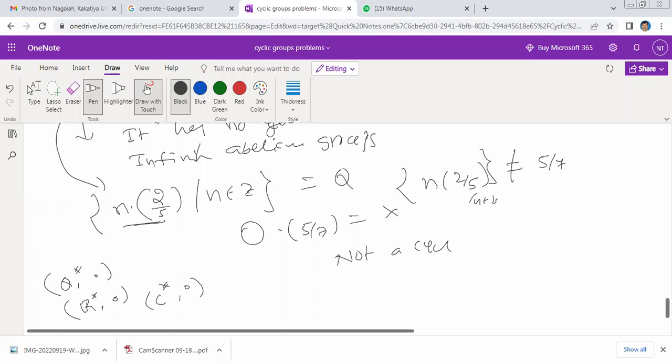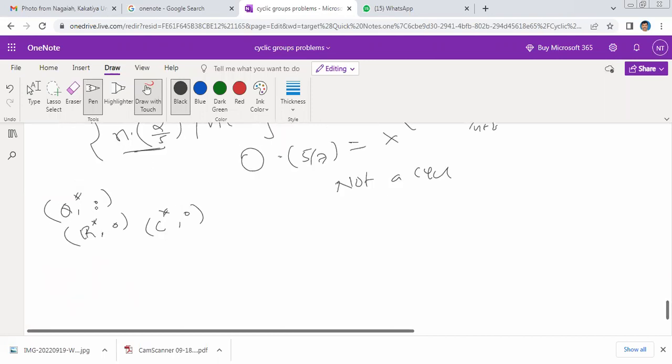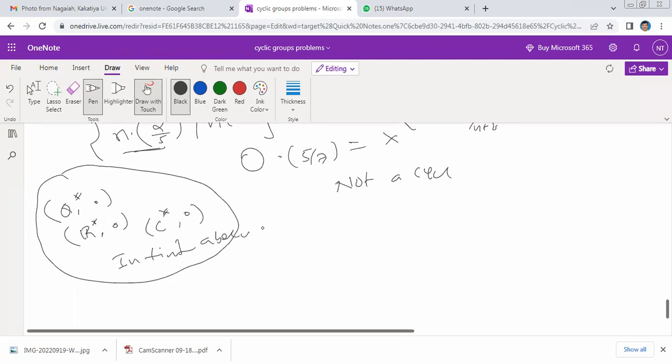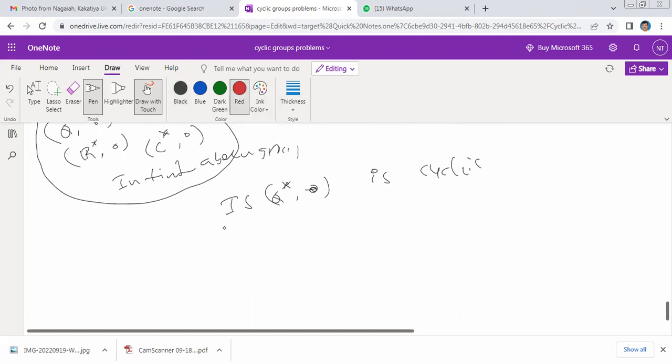These are infinite abelian groups, except for the 0. My question is, are they cyclic? Is Q star under multiplication cyclic? The answer is no.